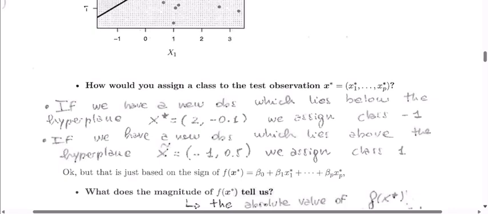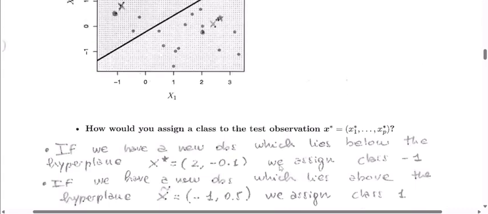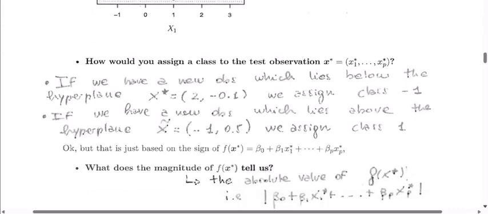Like I said here, if we have a new observation x star which lies below the hyperplane, considering X1 and X2, then we assign that to class -1, that is y equal to -1. And if we have a new observation which lies above the hyperplane, then we assign that to class 1. So that is going to be the rule.